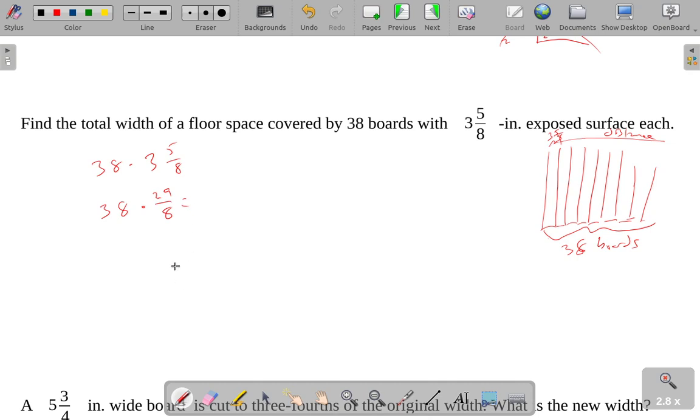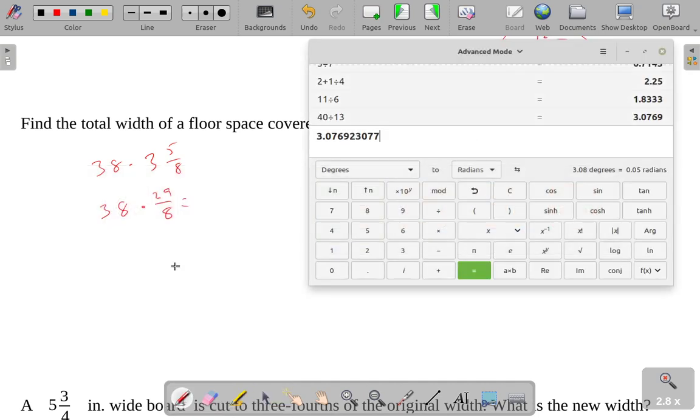And at this point it might be worth going to the calculator. You could reduce this somewhat, you could try to approach it, but I'm just going to go to the calculator. 38 times 29 divided by 8. I'm comfortable with how I typed this into the calculator because it's going to do this multiplication first and then that division.